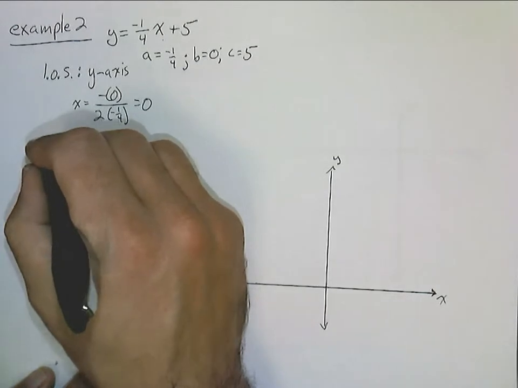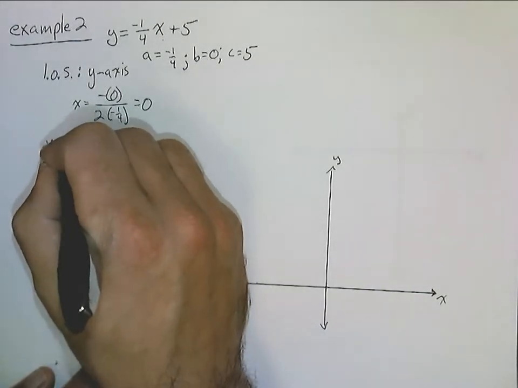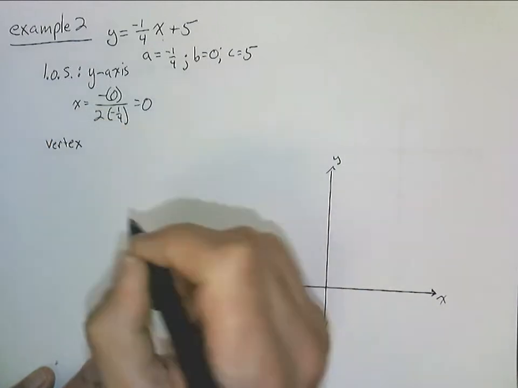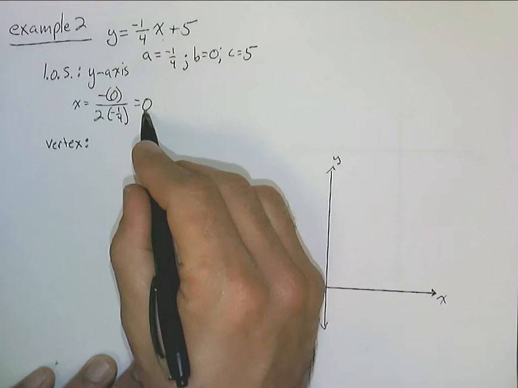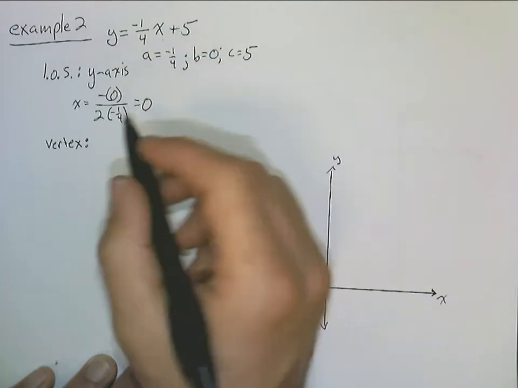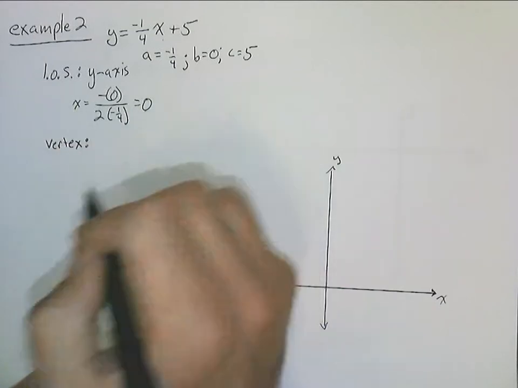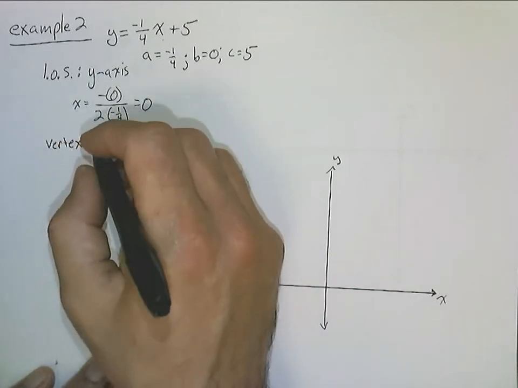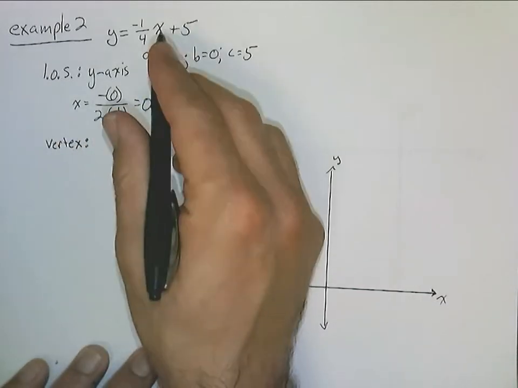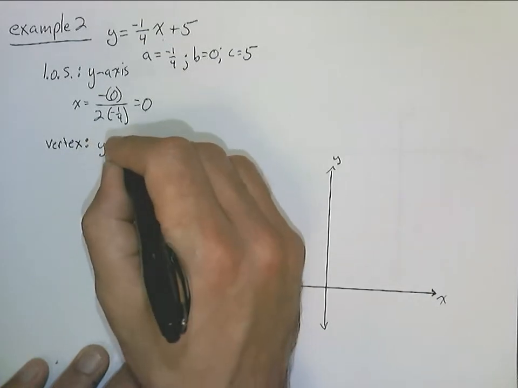So let's figure out the vertex. The vertex, of course, is going to be given by what we get when we plug this value in for x, because the vertex has to happen on the line of symmetry, so the x-coordinate of the vertex is the same as this value here, 0. So the vertex is going to have x-coordinate of 0, and when we plug in 0 for x, we'll get the y-coordinate out.